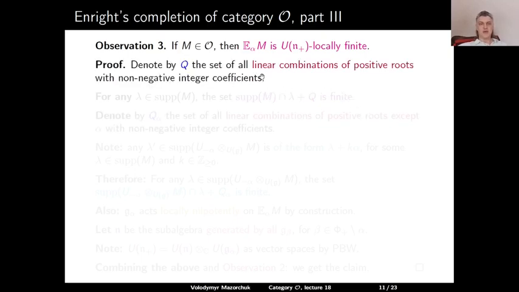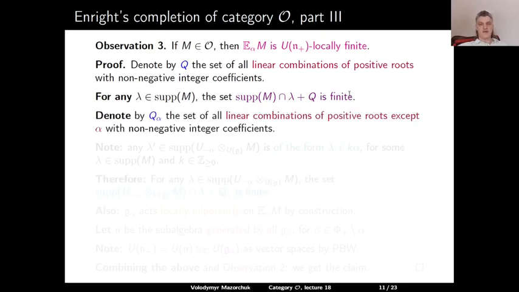Let us denote by Q the set of all linear combinations of positive roots of g with non-negative integer coefficients. Then, for any weight lambda of a module M in O, the intersection of the support of this module with the set lambda plus Q is finite. Denote by Q alpha the set of all linear combinations of all positive roots of g except alpha with non-negative integer coefficients.